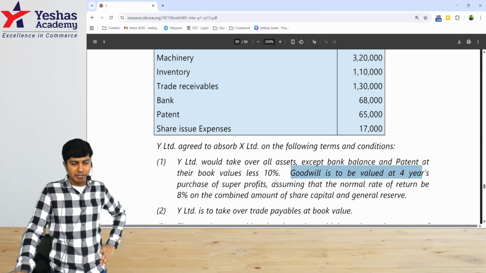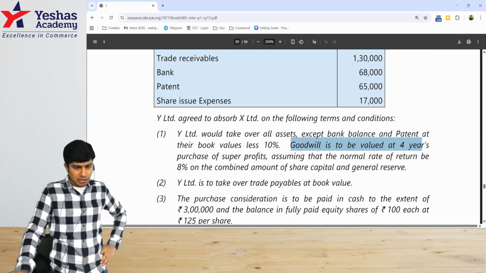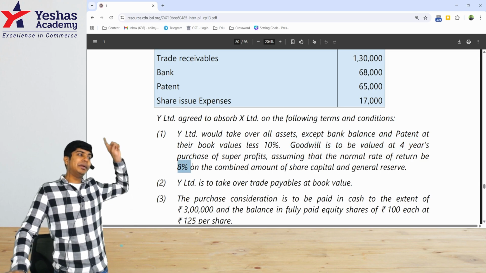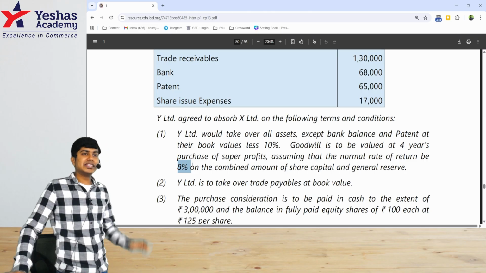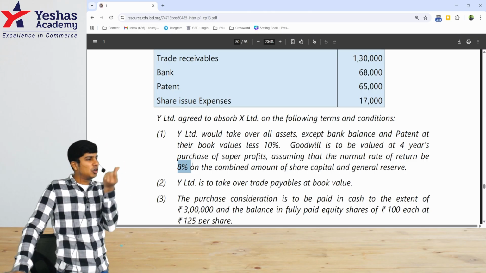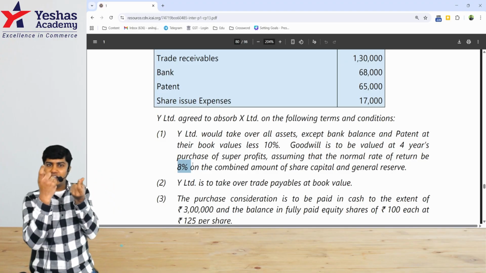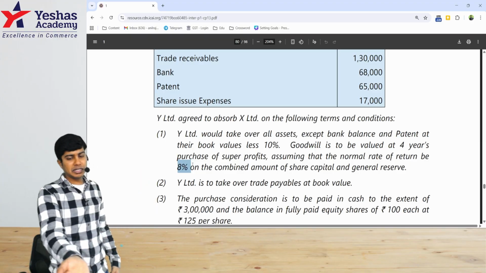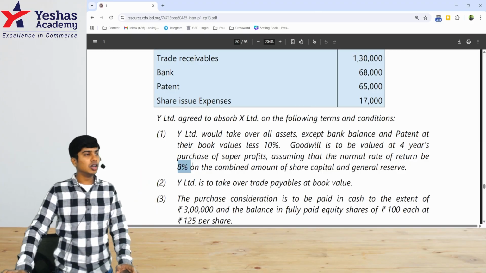Average profit is being made available to us slightly later, I guess. Assuming that the normal rate of return is 8%, on the capital employed I should apply 8%. Once I apply 8% on capital employed, I'll get normal profit. I'll take average profit or adjusted average profit, deduct this normal profit, and I'll get super profit. Multiply by 4 years, and you will get your goodwill.